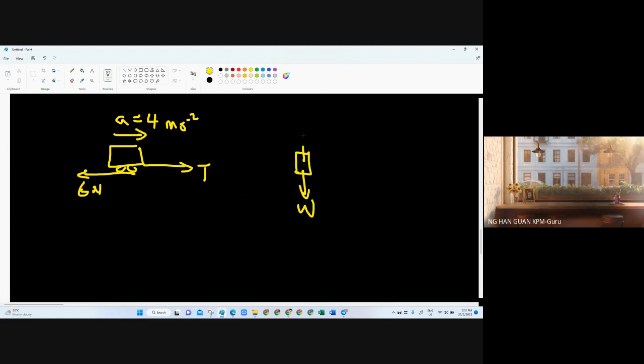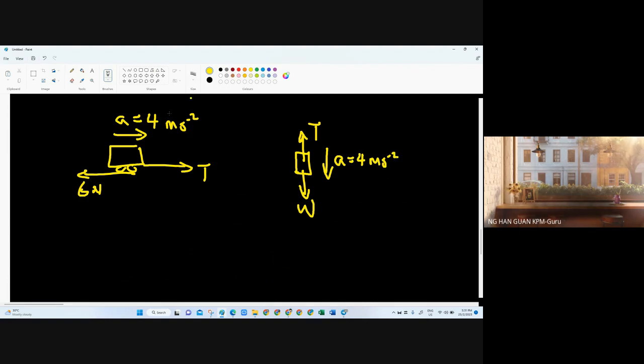You have the trolley here. The trolley experiences the frictional force 6 Newton, and then has the tension forwards. At the same time, this trolley has acceleration a equal to 4 meter per second squared. So this is what we have. And then for the load, we have the weight, and then we have the tension, and it accelerates downwards at 4.